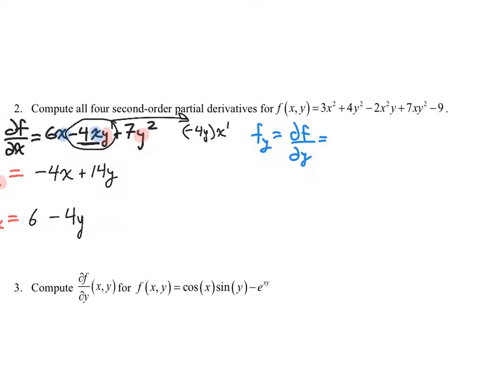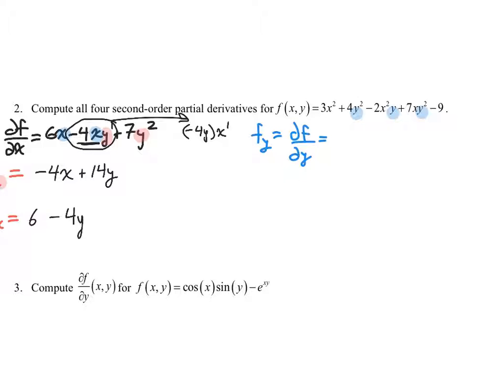All right, so now what we're looking at is going back to the original function and differentiating that with respect to y. So my relevant variable is y. Every instance of x is going to be considered constant. So 3x squared, that's constant.